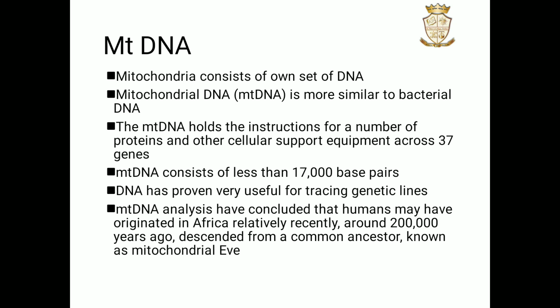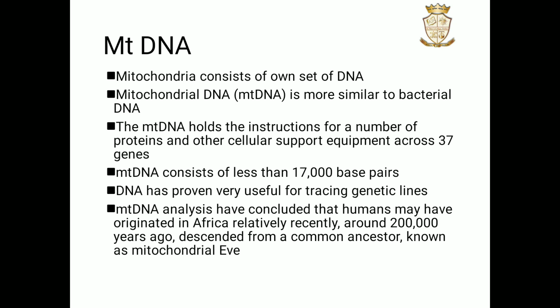Then coming to mitochondrial DNA. It's a specific feature of mitochondria, that is, it has its own set of DNA, the mitochondrial DNA. It is somehow similar to bacterial DNA. The mitochondrial DNA holds the instructions for a number of proteins and other cellular support equipment across 37 genes. And this DNA consists of fewer than 70,000 base pairs.